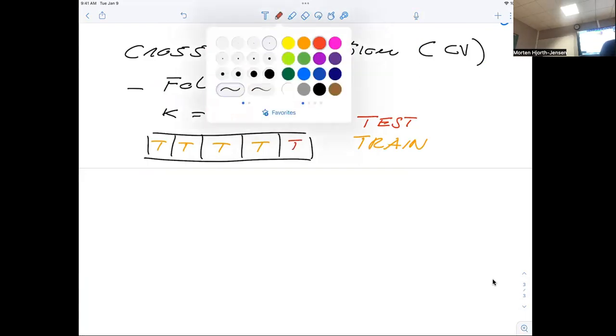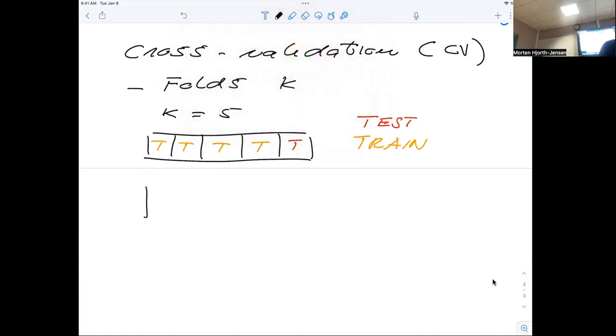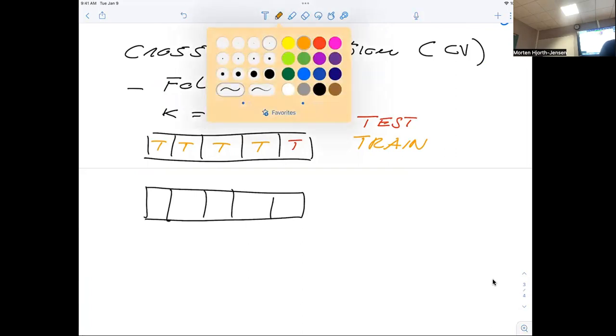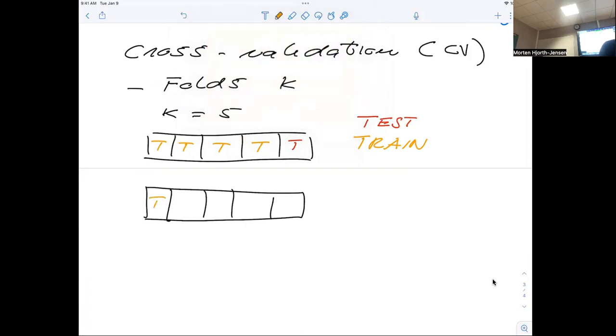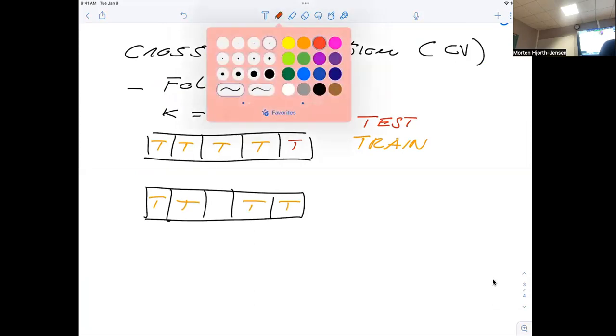And then you can repeat this exercise 5 times. Actually, you do this 5 times, and then you would have your test, your train, and train, and train. You can do this shuffling randomly, or you can do it in sequence.